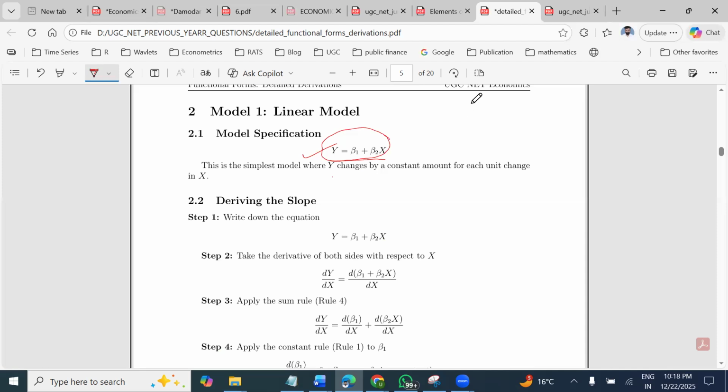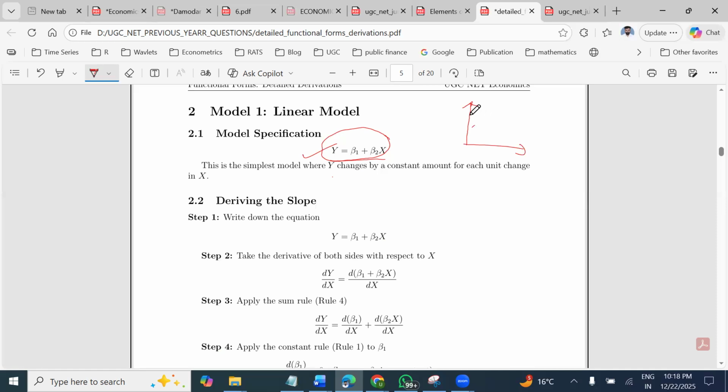Don't make it complex, because you might have seen, since you are teaching macro, that we use the consumption function and saving function. Everywhere you will see that it is a linear function. I have given just a few; there are thousands of examples in macroeconomics, like IS-LM, everything, which I can show in terms of linear functions.